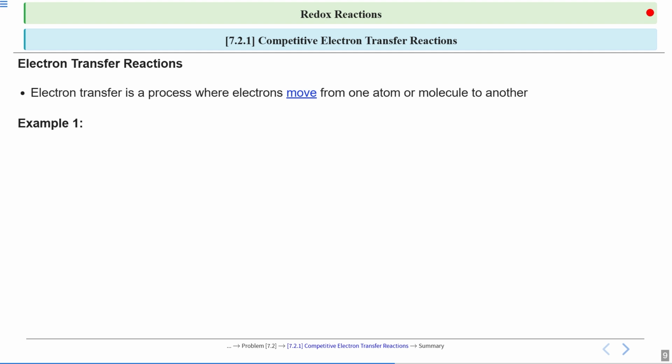But have we ever thought about why an element loses its electrons and then the other one gains them? We can understand it by taking a practical example.